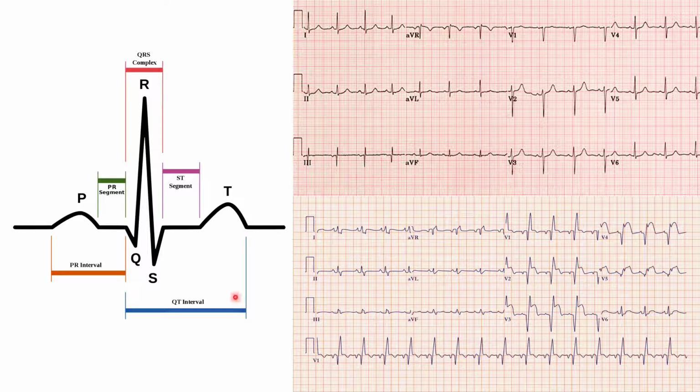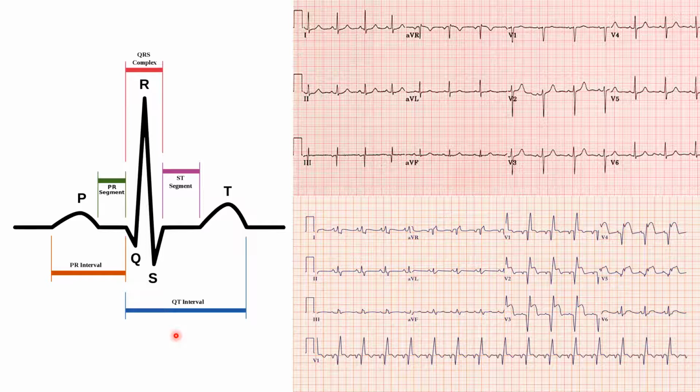Okay. So again, this is the normal pattern of the ECG. Take note, guys, that a normal ECG contains a wave like this, an interval, a segment like this, and a complex. Let's say, for example, the QRS complex.